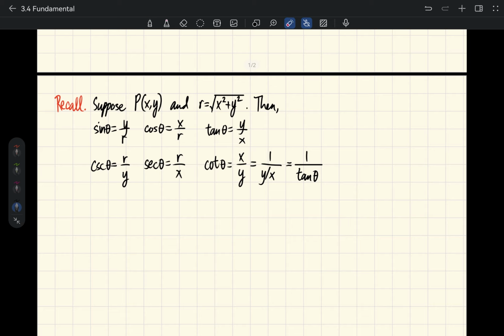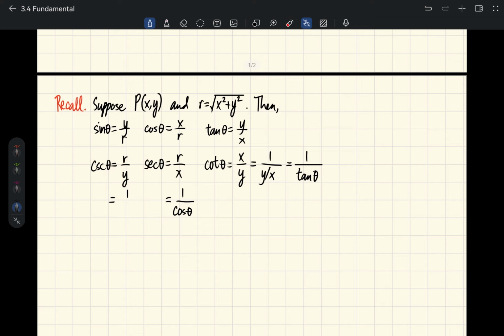Then similarly, one can draw the same observations. r over x is just the reciprocal of x over r. So this one right here is just 1 over cosine theta. And this one right here, r over y, is just the reciprocal of y over r.